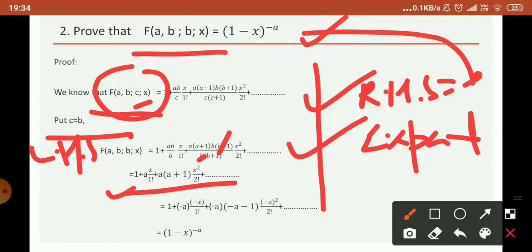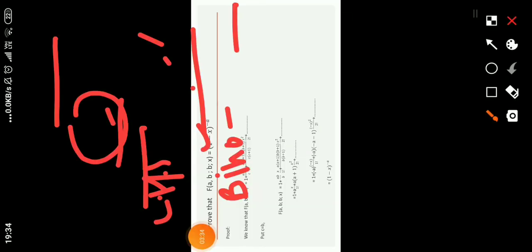Again in the next term also we write minus a minus 1. After solving you get the same result here. So in this way we express this, and this is nothing but the binomial expansion of (1 minus x) whole raised to power minus a.